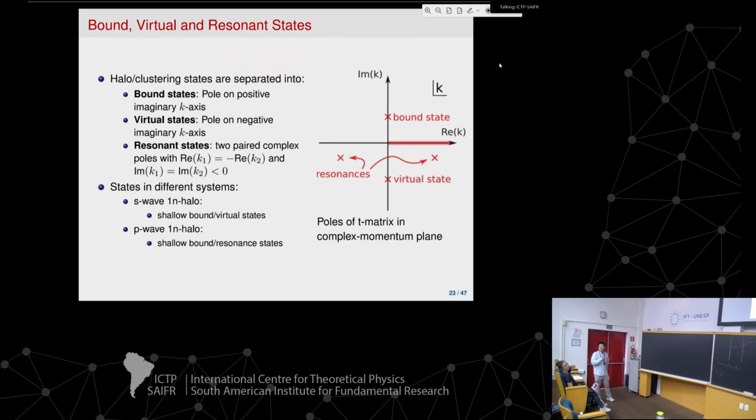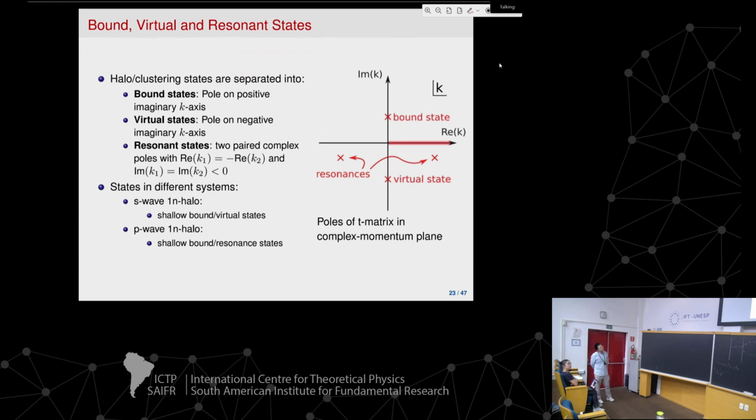How do you separate virtual states and bound states? If you have a resonant state, it always comes with a pair of two poles, with a negative imaginary part and a symmetric real part, which means one is negative and one is positive, mirrored along the imaginary axis.